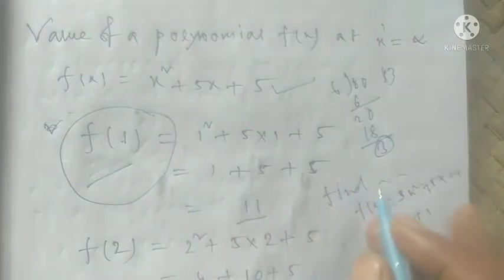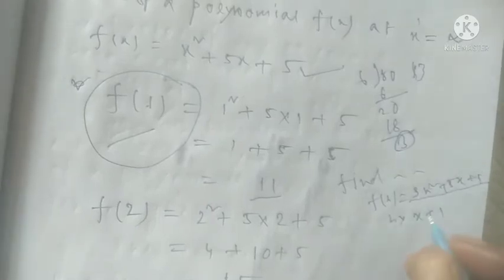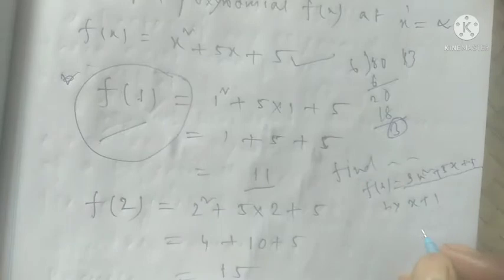Here we have 3x square plus 5x plus 1, and you are dividing this by x plus 1. First, on the rough page, take x plus 1 equal to 0, and after that x equal to minus 1. It is the value of x.